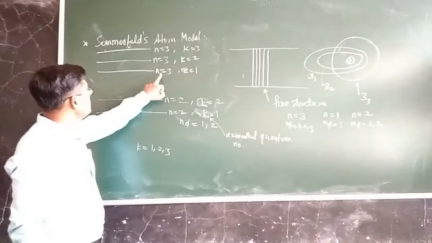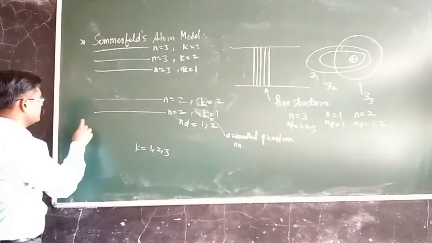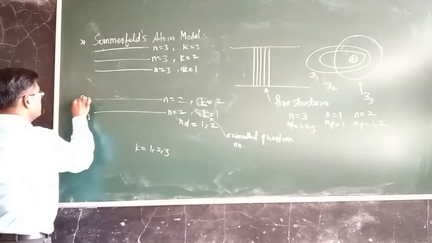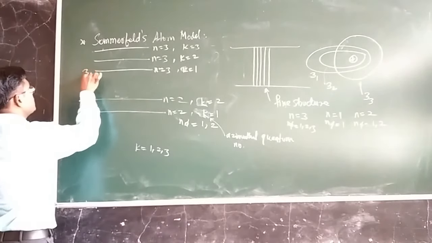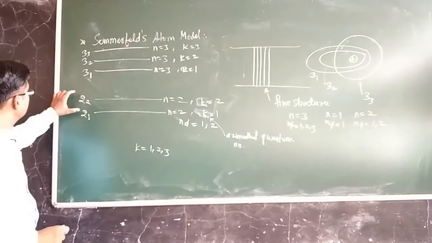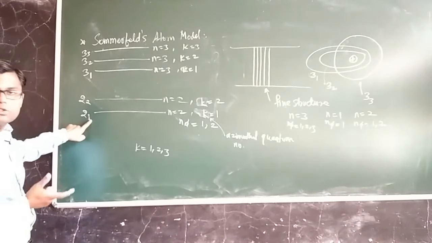So 3 1, 3 2, and 3 3. How will it be represented? We have just seen: 2 1, 2 2, 3 1, 3 2, and 3 3. These are the values of the principal quantum number, and these are the values of the azimuthal quantum number, or k.